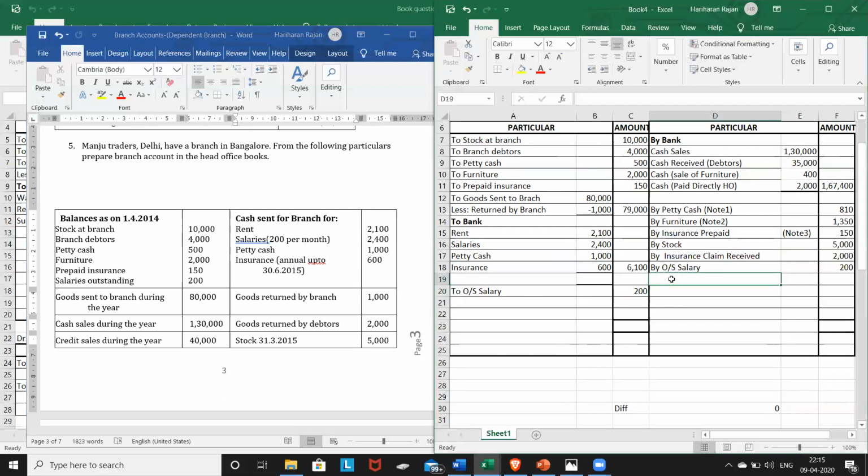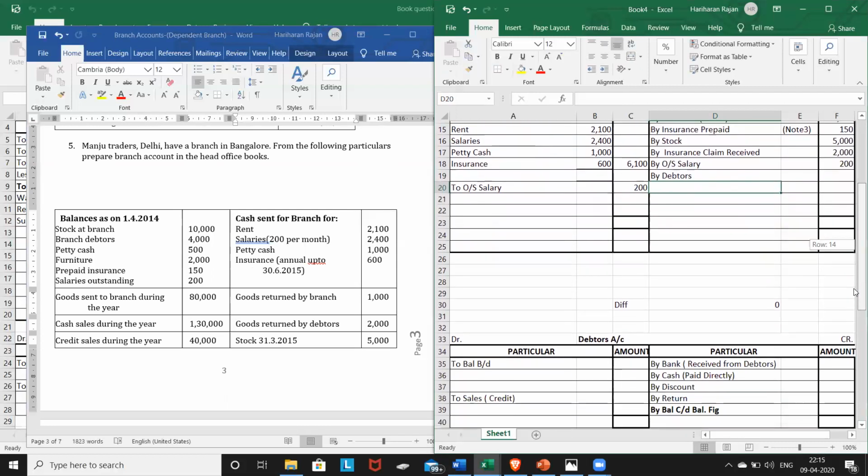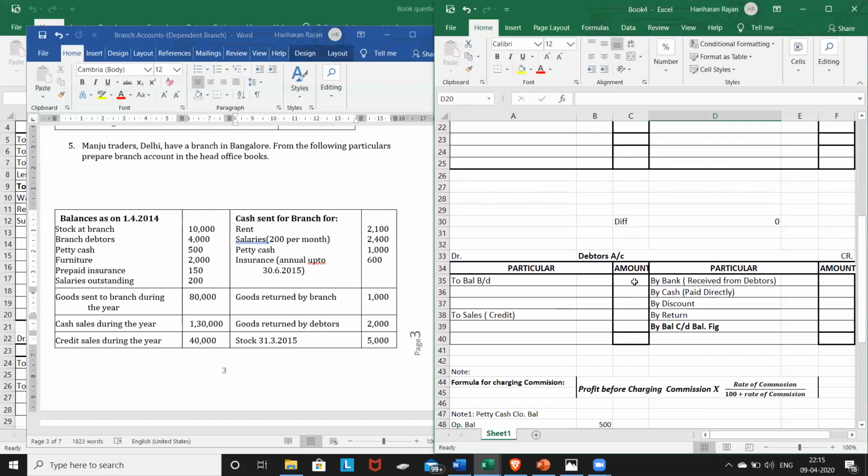Then by debtors. Please look into the format which was given to you. What is the opening balance of debtors? Debtors opening balance is 4,000. Is there any credit sales?